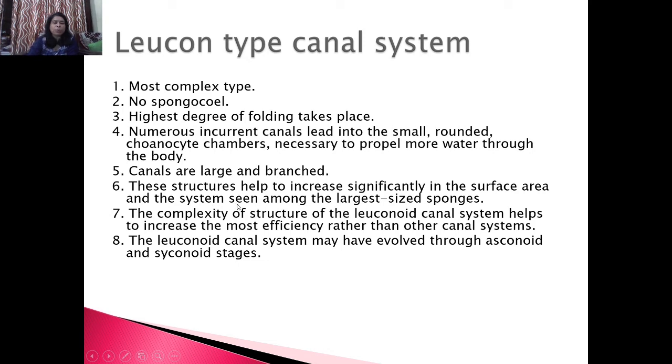These structures help to increase the surface area significantly, and the system is seen among the largest sponges. The complexity of structure of the Leuconoid canal system helps to give the most efficiency compared to other canal systems. The Leuconoid canal system may have evolved through asconoid and syconoid stages.